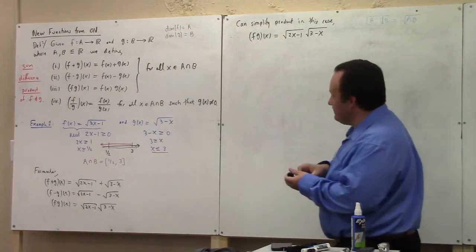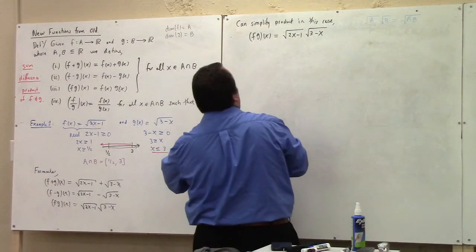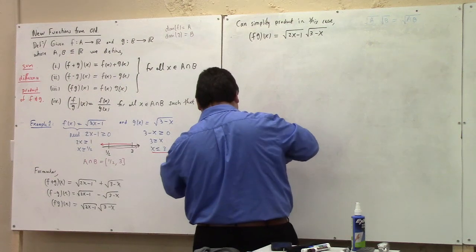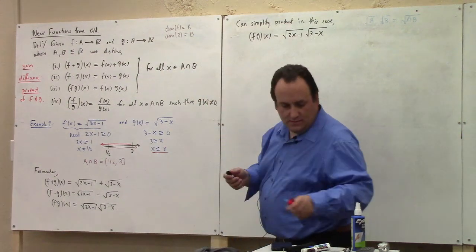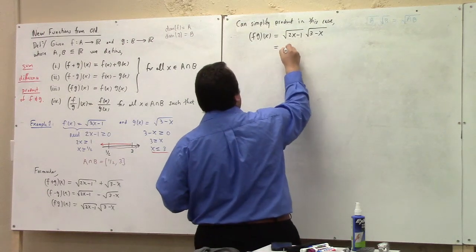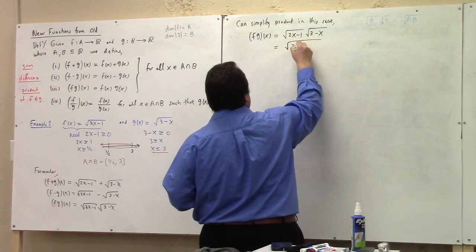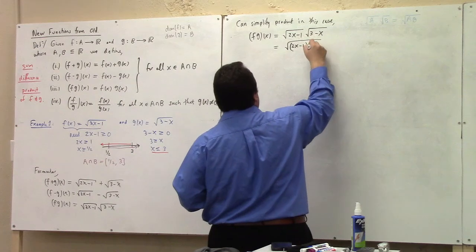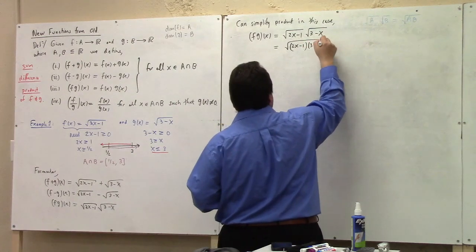So if we make that simplification, in this case, we get square root of what? 2x minus 1 times 3 minus x.